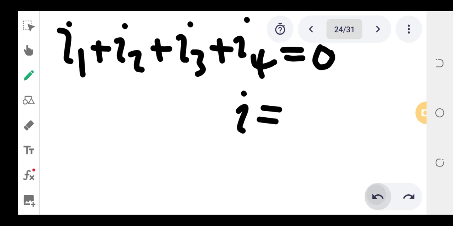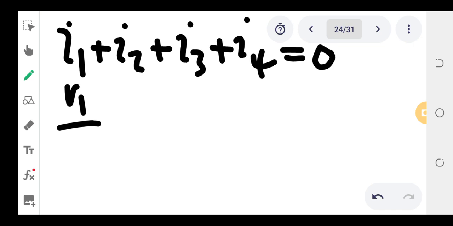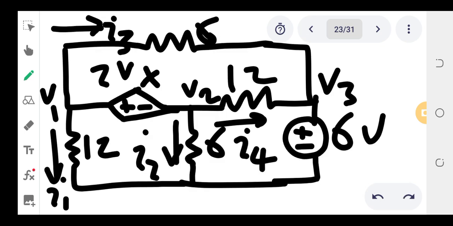Where there is I1, I1 is the same as saying V1 over 12. If you are asked to calculate the current across this, it is simply this voltage divided by the 12 ohm resistor.